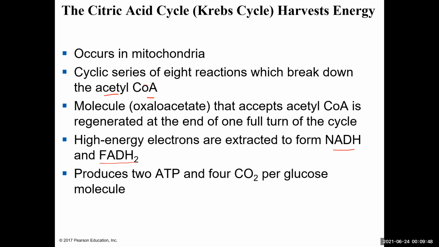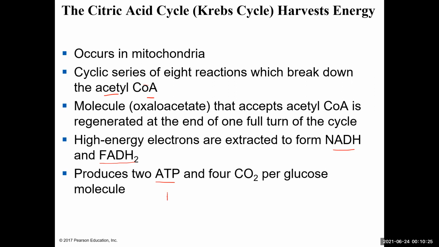Now, per cycle, remember, we have 2 acetyl-CoAs that are made. So every one acetyl group, acetyl-CoA, will make 1 NADH. I'm sorry, it makes 2 NADH and 1 FADH2 molecule and 1 ATP and 2 CO2. So let's just write this down.